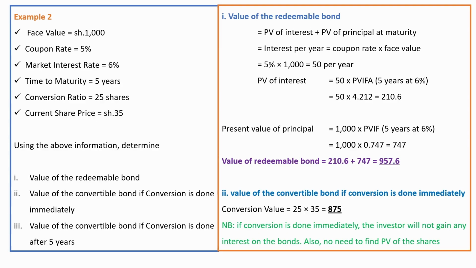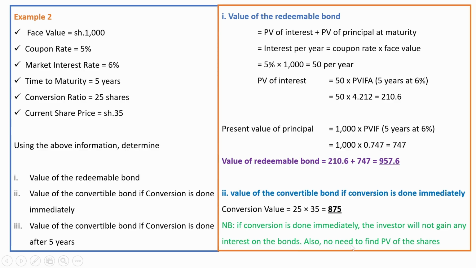We go to the second required. So number 2, we are supposed to calculate value of the convertible bond if conversion is done immediately. So note that if conversion is done immediately, the investor will not gain any interest on the bonds because time has not passed.